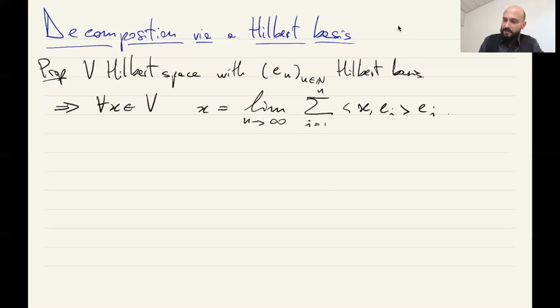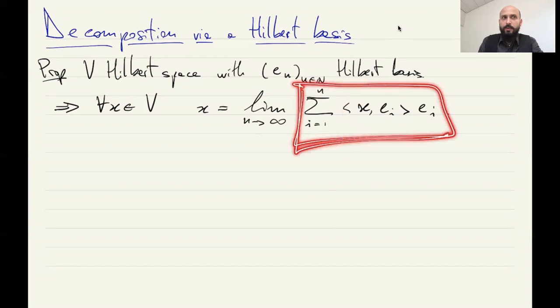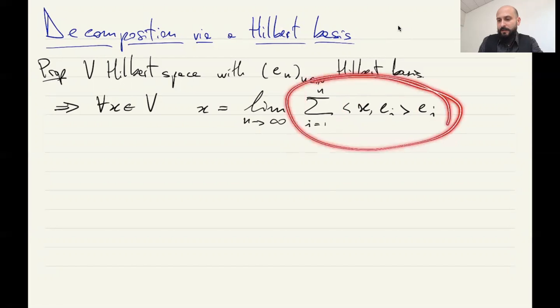So these are numbers times vectors. For any n, these are vectors, and we claim that this sequence of points in V converges to x when n goes to infinity.